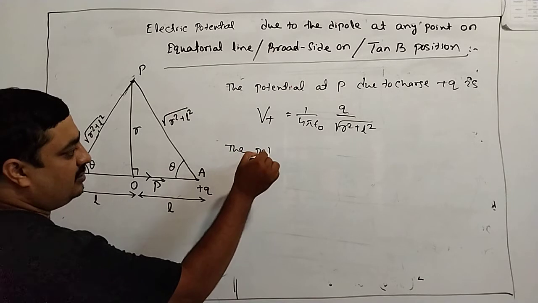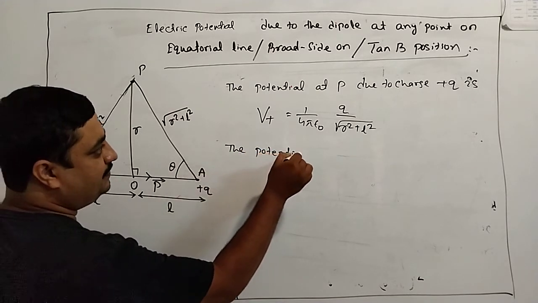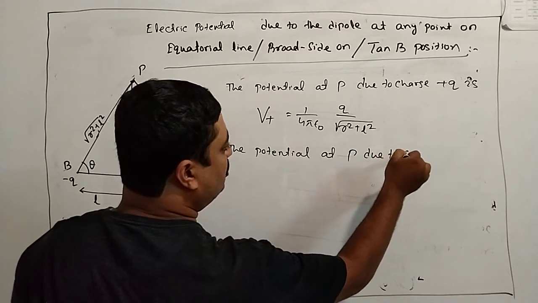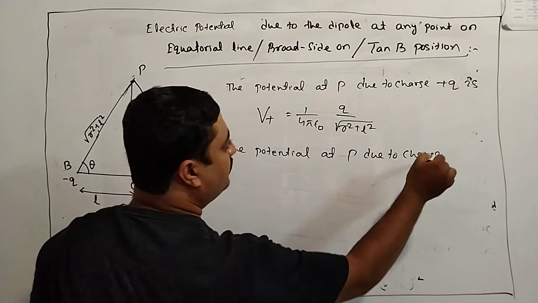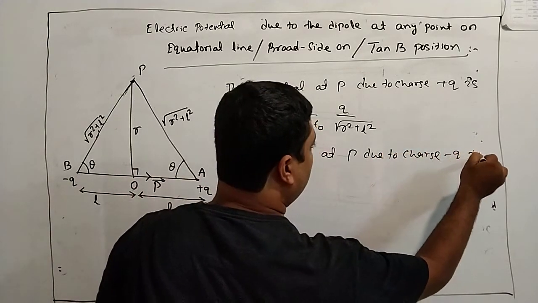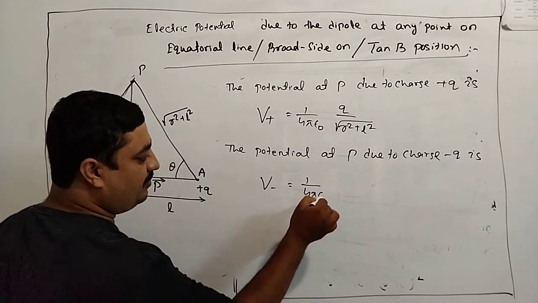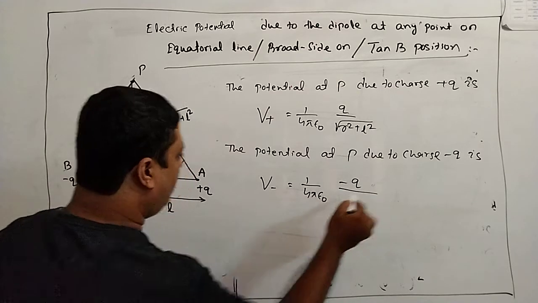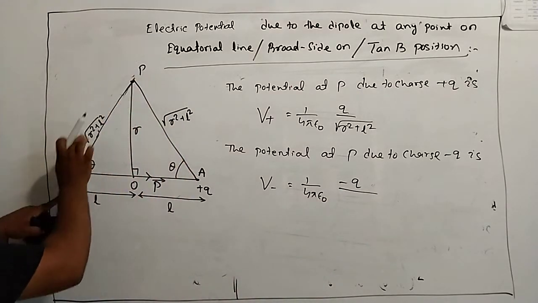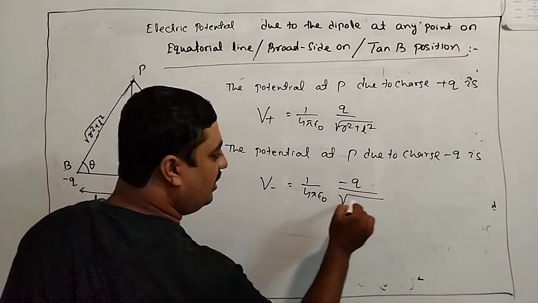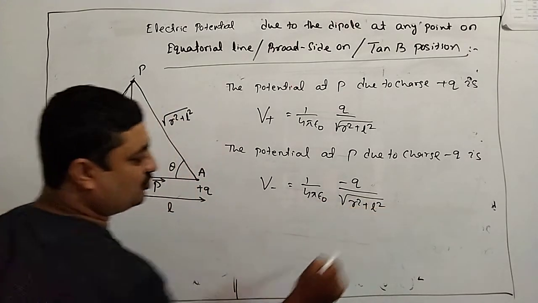Similarly, the potential at P due to charge −Q is V minus equal to 1 by 4πε₀ minus Q by this distance. This distance is also root over of R² + L².